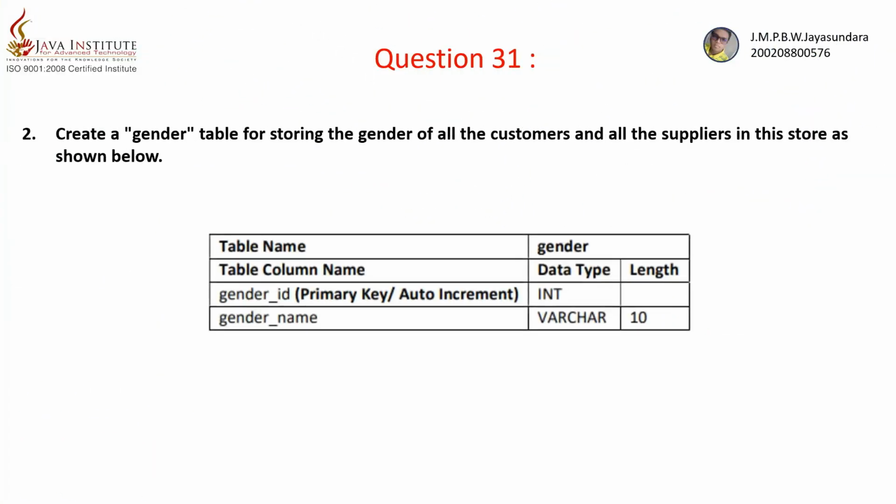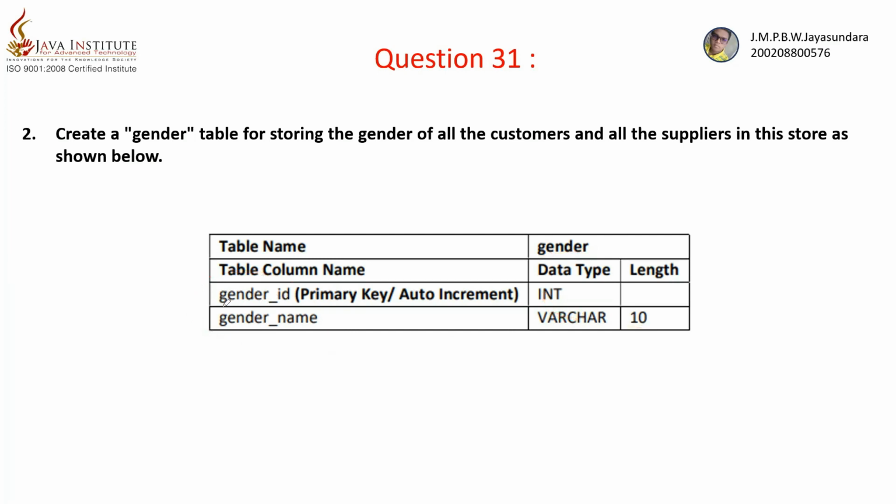Here we have our second question: create a gender table for storing the gender of all the customers and all the suppliers in this store, as shown below. They have given us the table name as gender, and here we have our column names, data types and lengths.